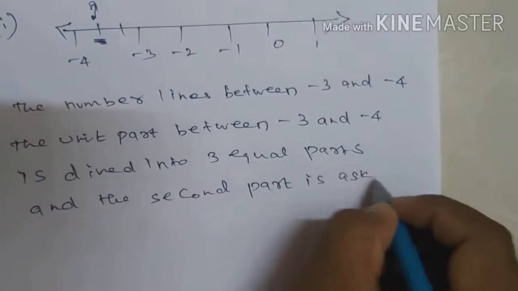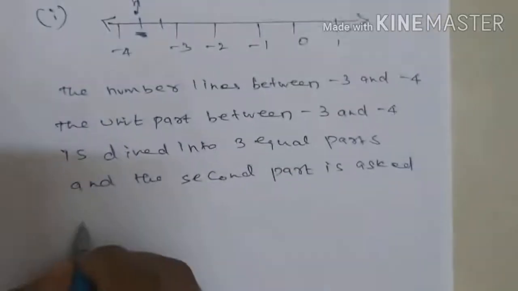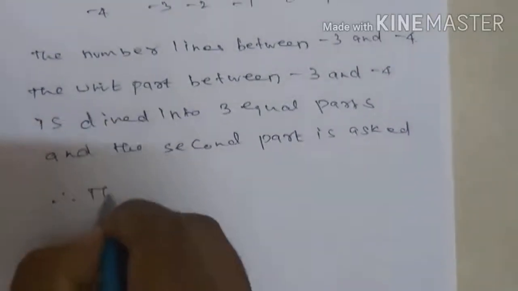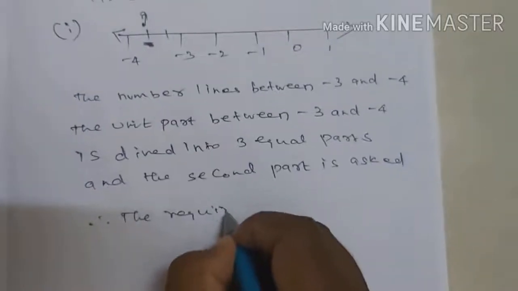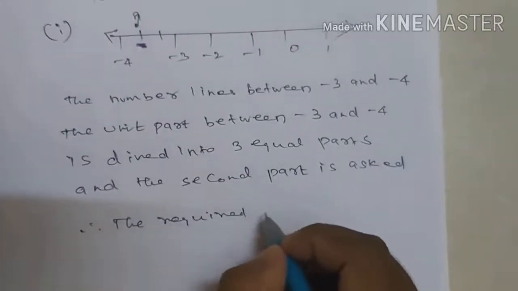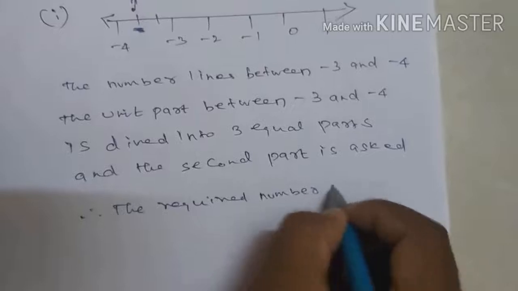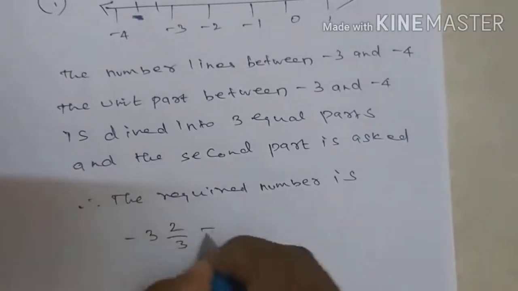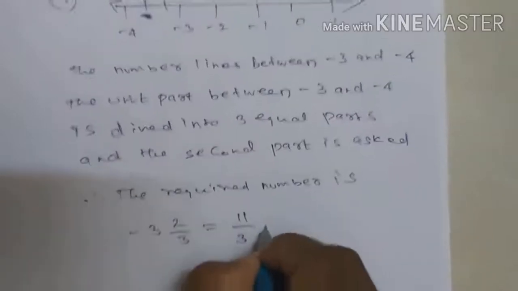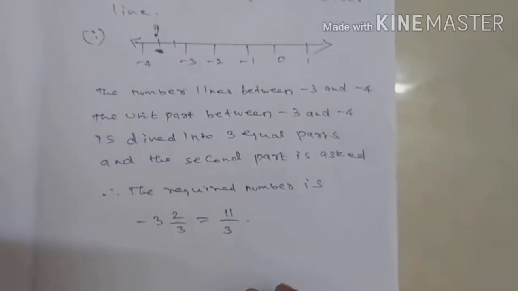The required number is minus 3 2/3: 3 threes are 9, 9 plus 2 is 11, so minus 11/3 is the answer.